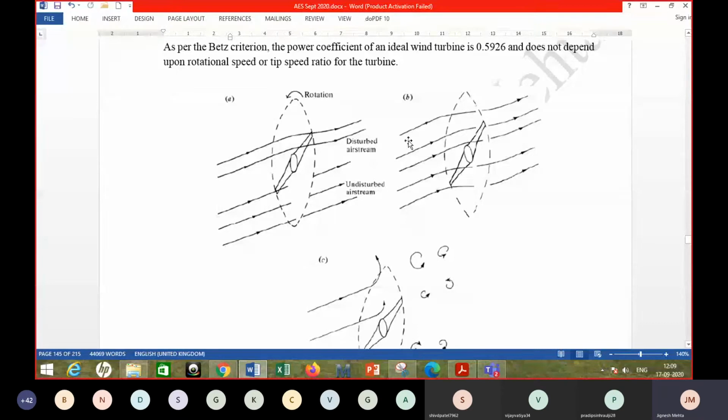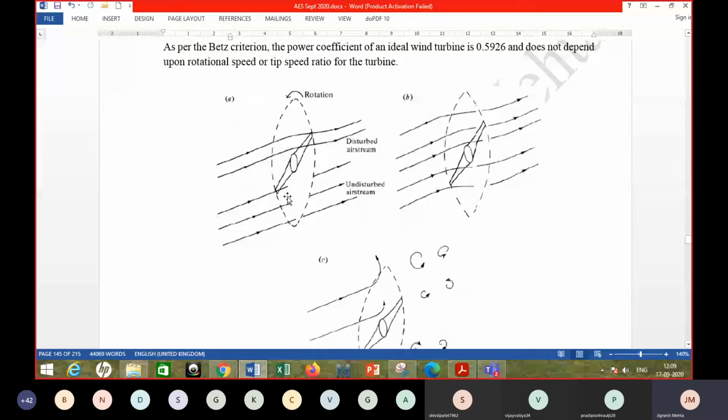So the ideal thing is Betz's theorem. Then if it is rotated slowly, you see that some part of the air is getting disturbed, some part is still undisturbed. The closer thing to a practical situation is that the blade is rotated fast enough so that all air passing through is getting disturbed.